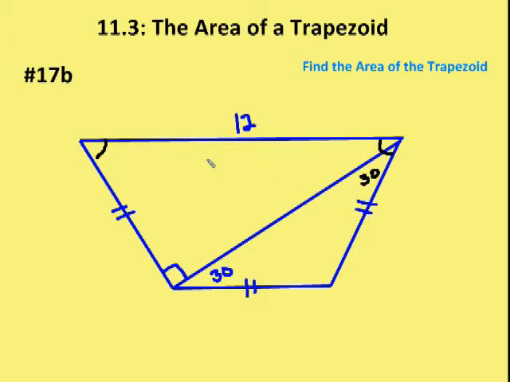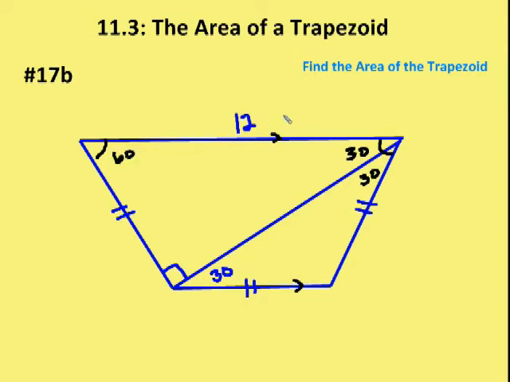And I'm also left with 30 degrees here, because I know that I've got two parallel lines as bases for the trapezoid by definition, and I have a transversal, so alternate interior angles are congruent. That leaves me with a 60-degree angle here.